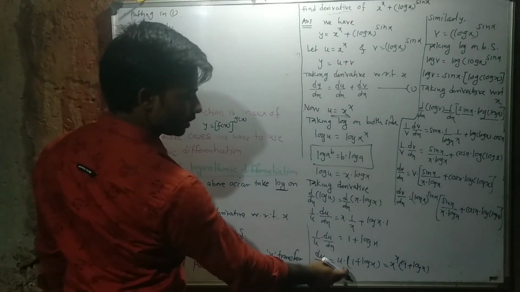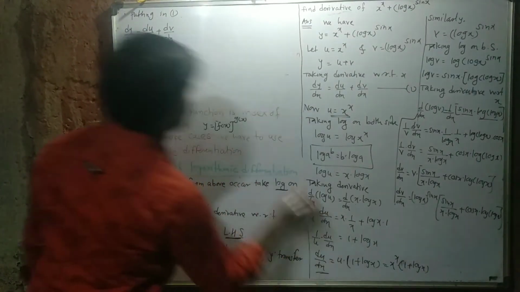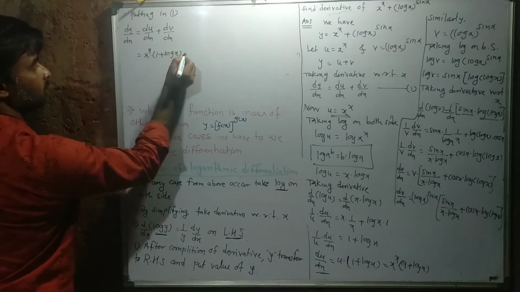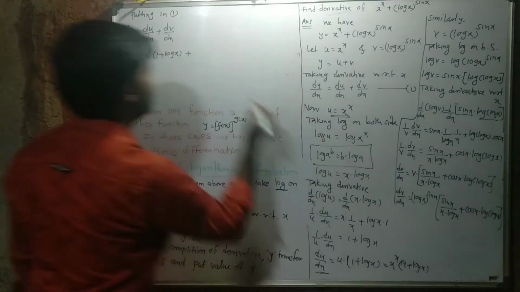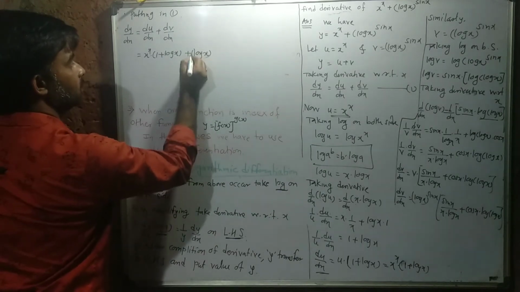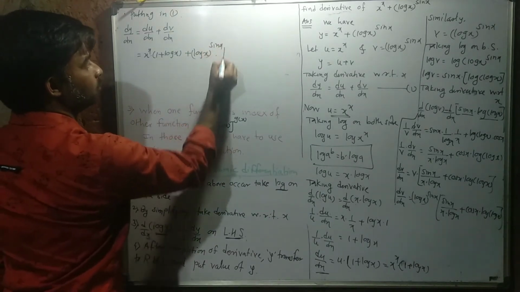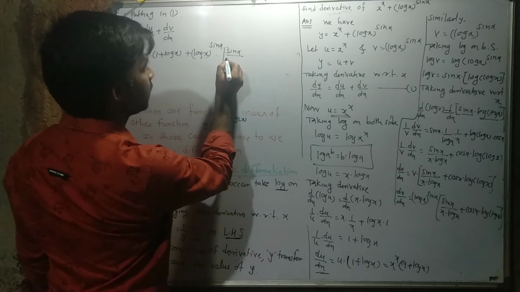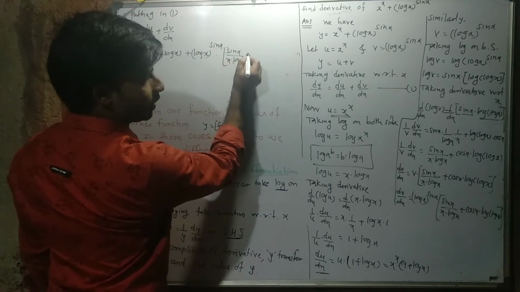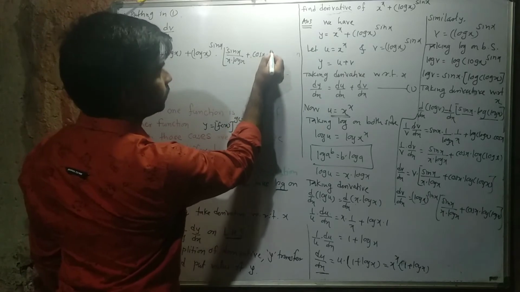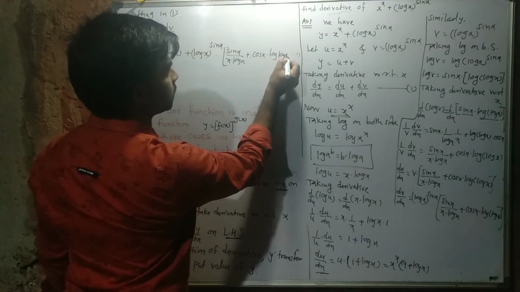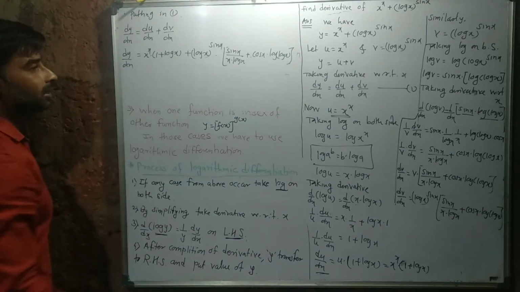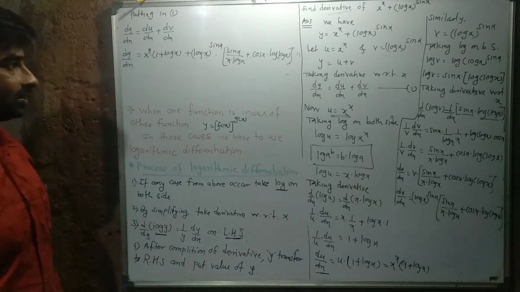Here du by dx is nothing but x raised to x into 1 plus log x, plus dv by dx having this value, that means log x raised to sin x into the bracket sin x divided by x into log x plus cos x into log of log x. This is your final result, the final derivative of that function.